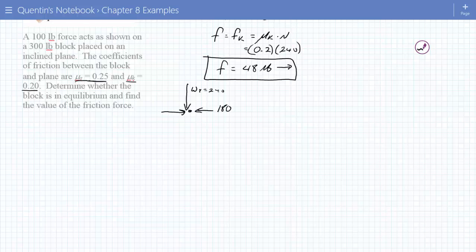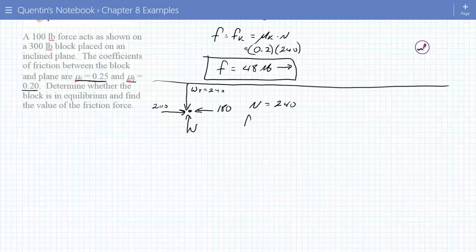Now we change this to be 200 pounds there. And this is a normal force, right? So here I'm going to draw a line. We're working above that. So our normal force is what? It's equal to 240. That hasn't changed. Our F max is mu sub s times normal, right? Which is still 60. Okay, so now that's saying we can resist as much as 60 pounds in either direction.